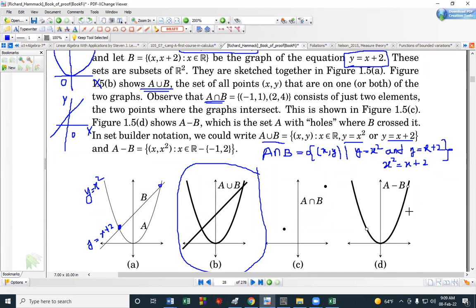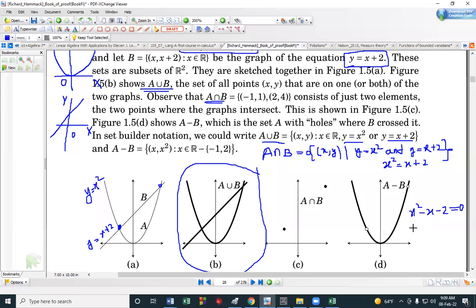So how do we solve this equation, x square minus x minus 2 equals 0, to find the values of x? You all know how to solve a quadratic equation, right?